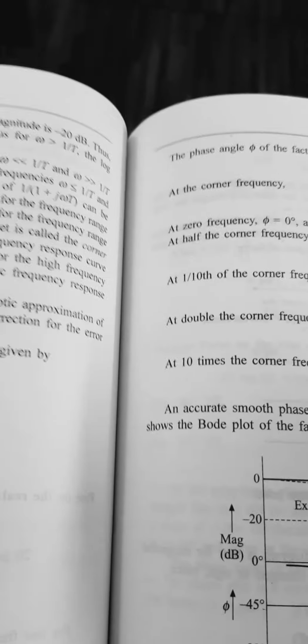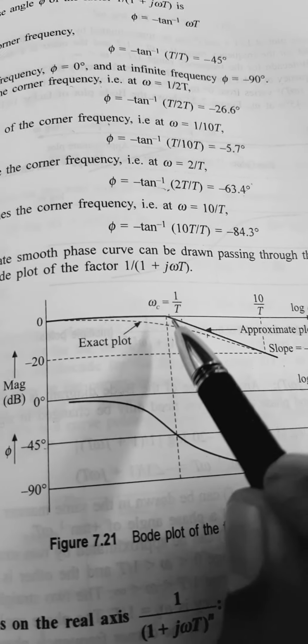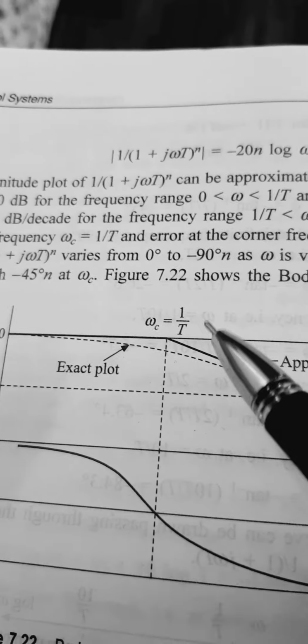Only for such a term, 1 divided by 1 plus j omega T, there is a change in the graph, and only there the corner frequency exists. In this case also, omega c is equal to 1 by T.